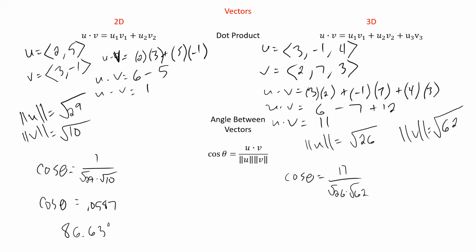So we'll go root 26 times root 62 equals that. We're going to go 11 divided by that number. Gives us about 0.2739, or 0.27397.